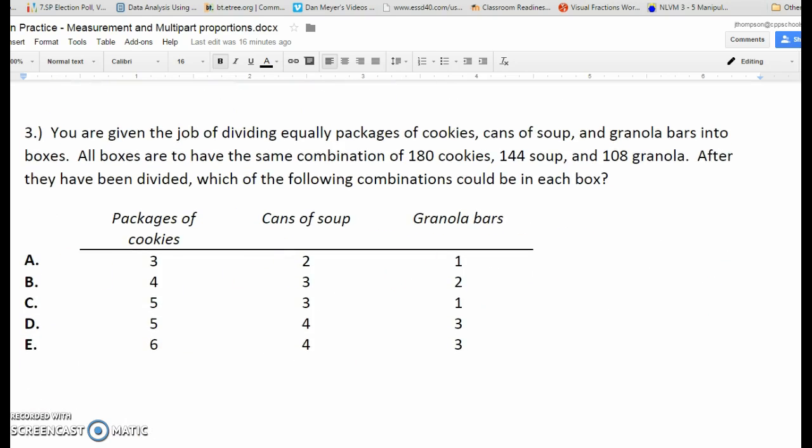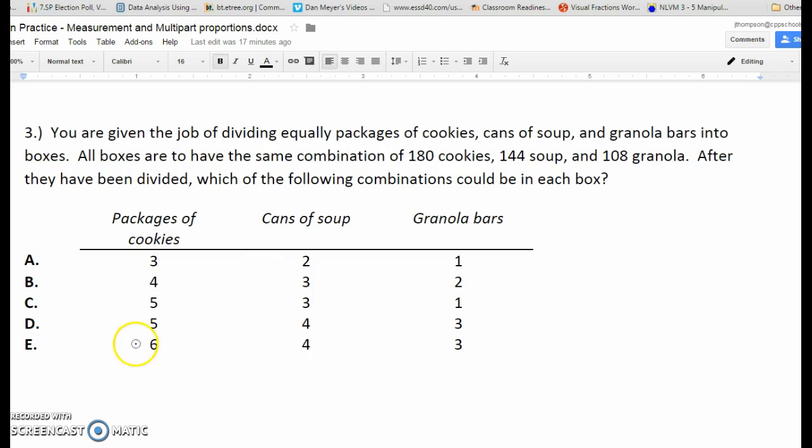With this problem 3, it's a little bit different. You're given the job of dividing equally packages of cookies, cans of soup, and granola bars into boxes. All the boxes are to have the same combination of cookies, soup, and granola bars. That doesn't mean that I have to have like 3 packages of cookies, 3 cans of soup, 1 granola bar.